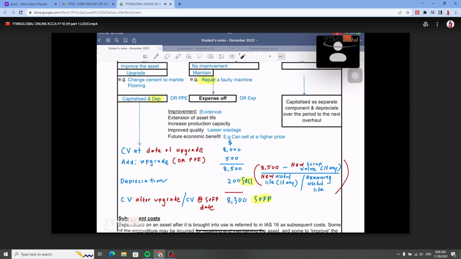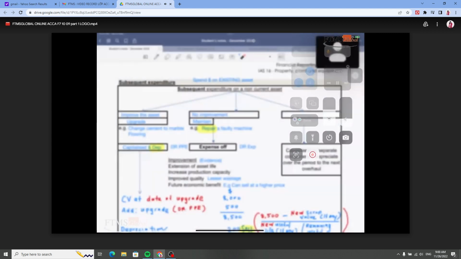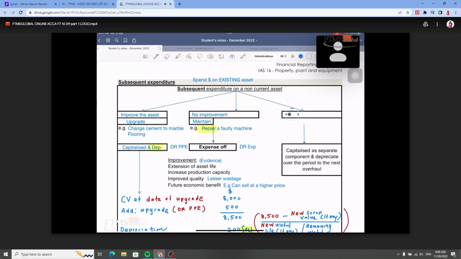Then lastly, we have something called overhaul. So what is overhaul? Overhaul means a major inspection.